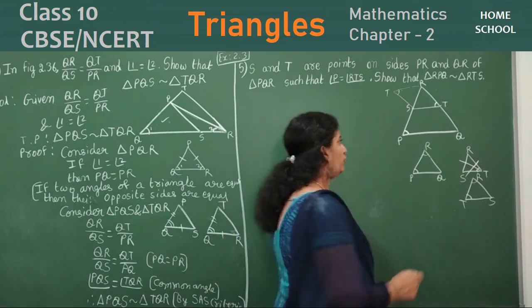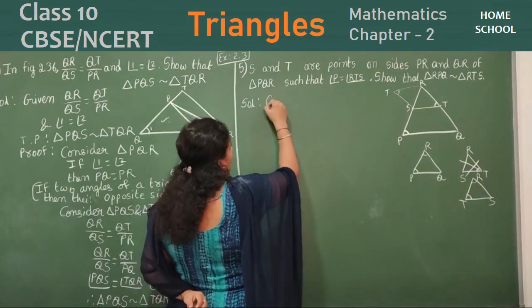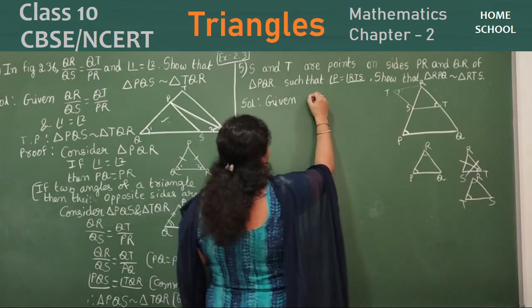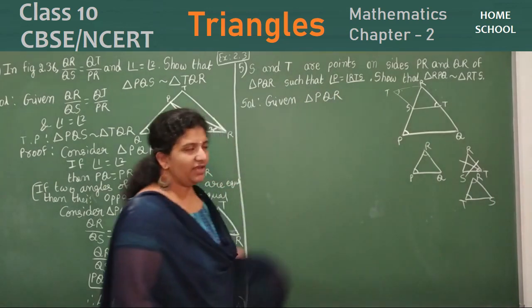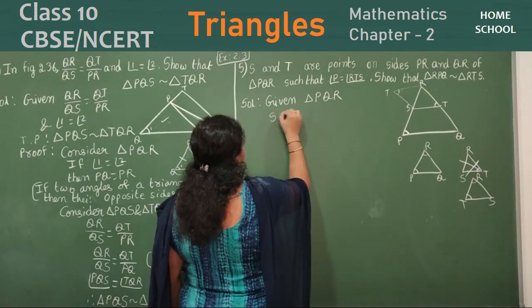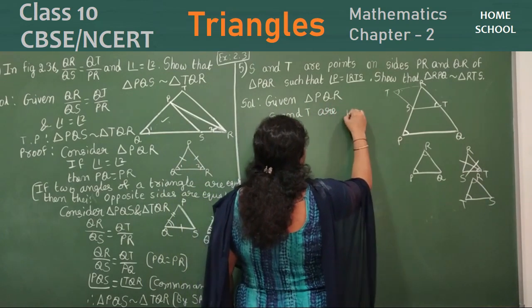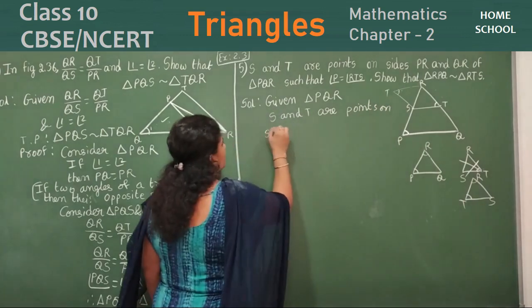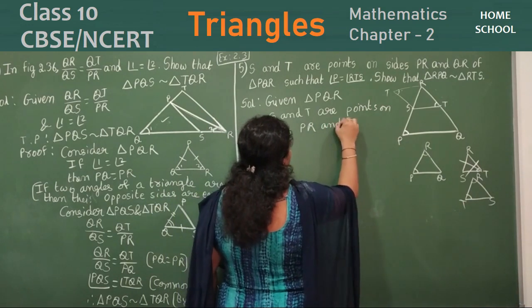So let's start our proof here. How do we start? With the given data. What is given? Given triangle PQR. S and T are points on sides PR and QR.